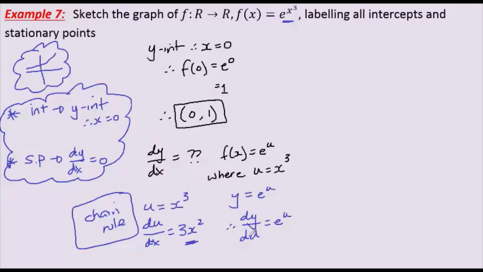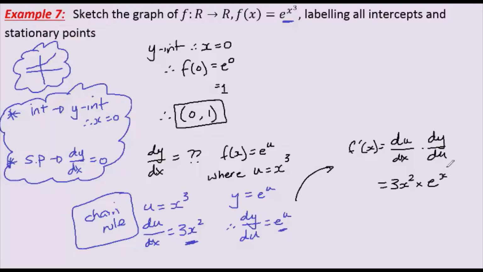Here are my golden pieces of information, so let's turn them into a solution. So f dash of x using the chain rule will equal du/dx times dy/du, which equals 3x squared times e to the u, and u is x cubed. So it equals 3x squared e to the x cubed.